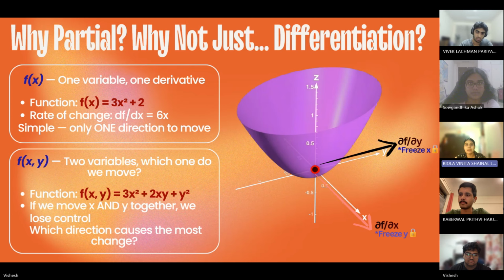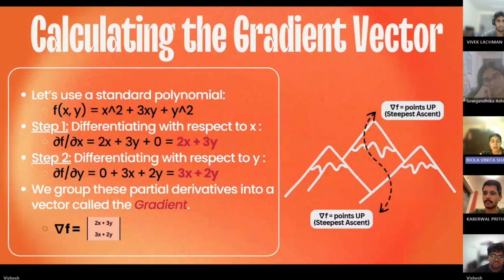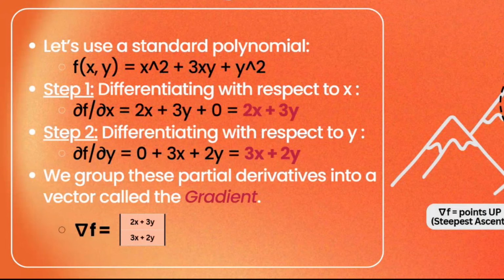Now that we understand partial differentiation individually, let's see what happens when we combine them. Now let's take this function f of x, y equals x squared plus 3xy plus y squared. First, we differentiate it with respect to x, treating y as constant. So that gives us dou f by dou x equal to 2x plus 3y.